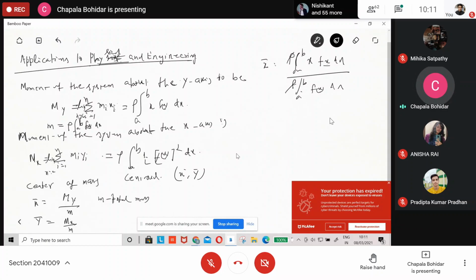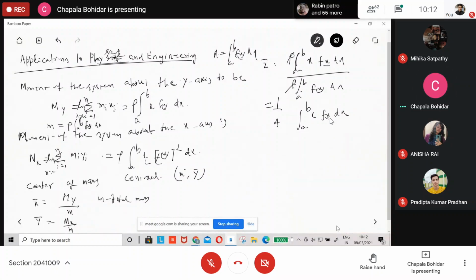This is your area A, integration a to b f(x) dx. So x bar is equal to 1 by A integration a to b x f(x) dx. Similarly, y bar is equal to 1 by A integration a to b 1 by 2 f(x) square dx. Okay, so these are the formulas.